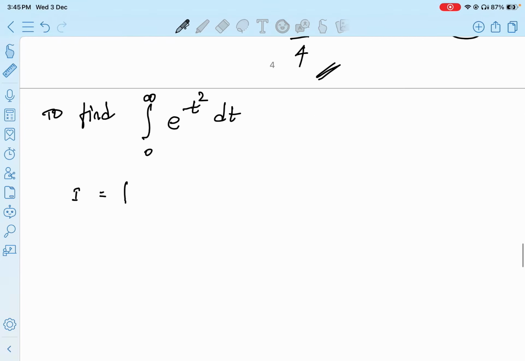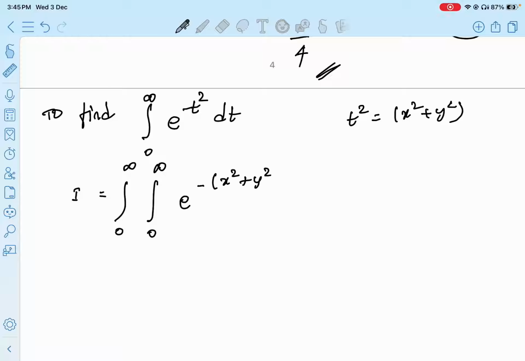Let I equal the integral from 0 to infinity of e to the power minus t squared, where t squared is replaced as x squared plus y squared, and dt is written as dx dy.